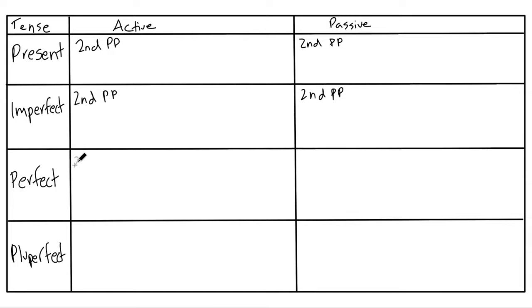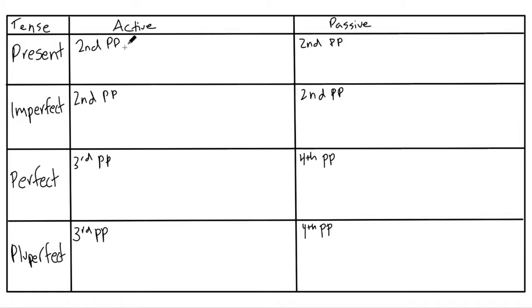The perfect active starts with the third principal part, as does the pluperfect active, and the perfect passive system uses the fourth principal part for the subjunctive mood. This is actually very similar to the perfect passive system for the indicative mood because it also uses the fourth principal part. Now we'll see that the different endings change based on the conjugation.